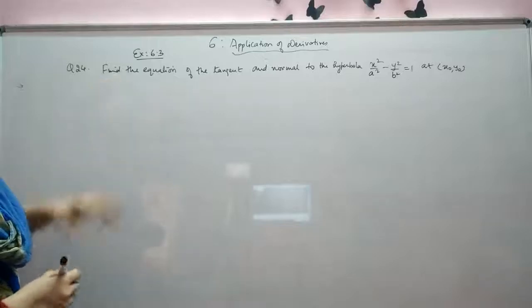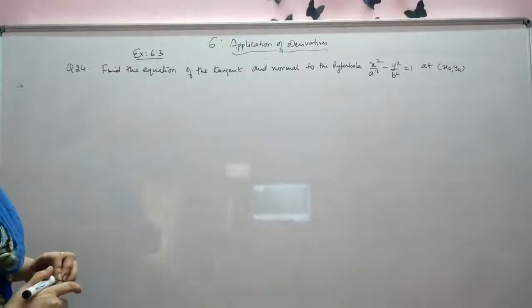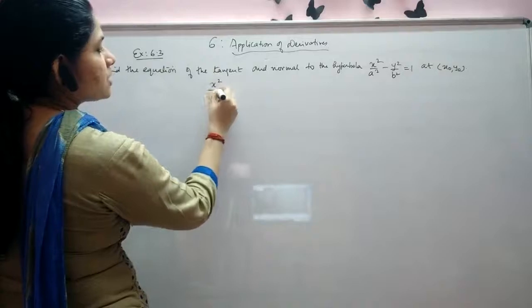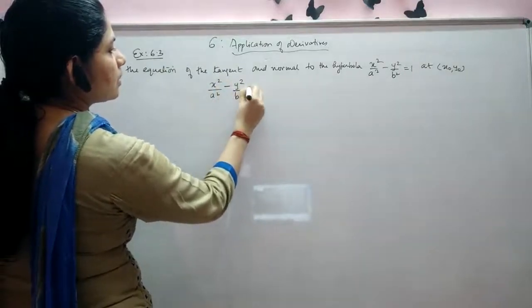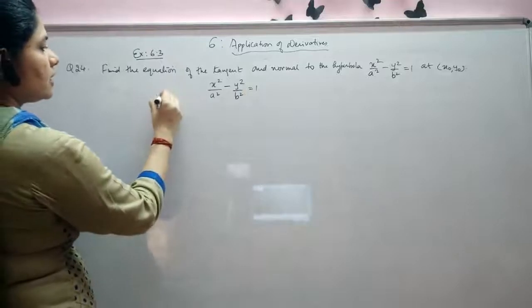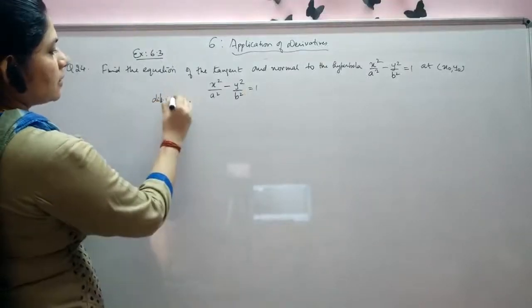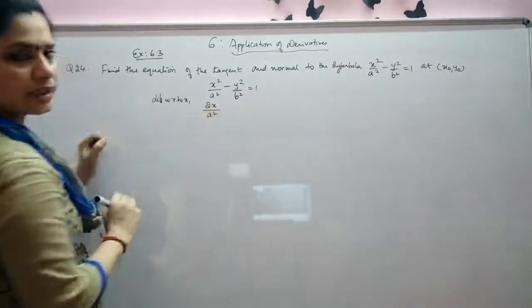Find the equation of the tangent and normal to the hyperbola x square by a square minus y square by b square equal to 1 at x naught, y naught. First we will start with the equation and differentiate it with respect to x. Okay, differentiating with respect to x, we'll get 2x by a square, derivative of x square.